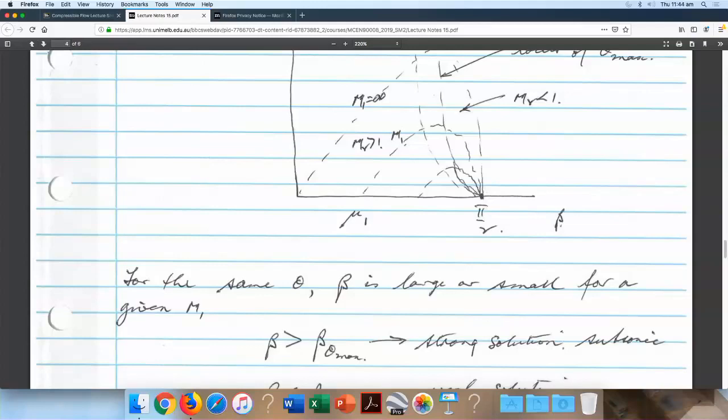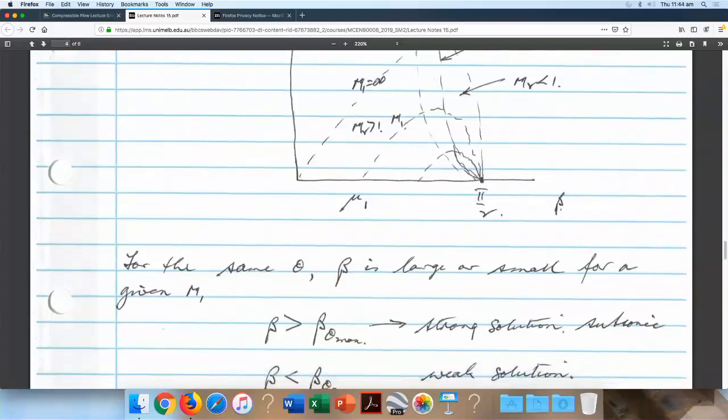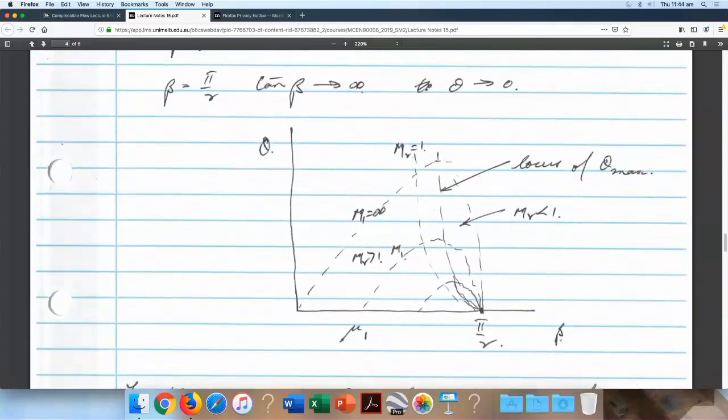And somewhere here, there's a locus of the maximum turning angle, the maximum angle you can turn it for every M1. And it goes through here. I haven't quite drawn the line correctly because I didn't draw the figure very well. And this is the line, the locus of all points where the Mach number M2 is 1. Everywhere to the left, Mach number M2 is greater than 1. It remains a supersonic flow. Here, it's a subsonic flow behind the shock.